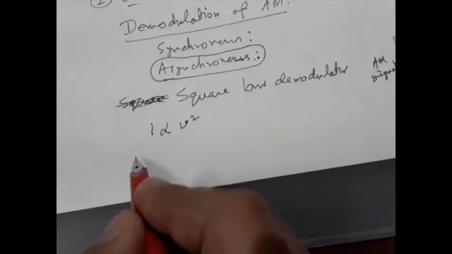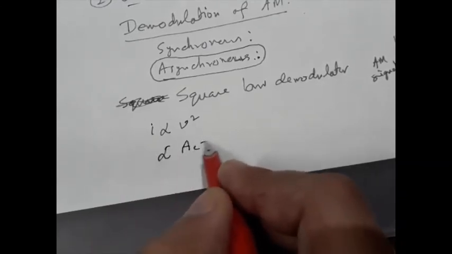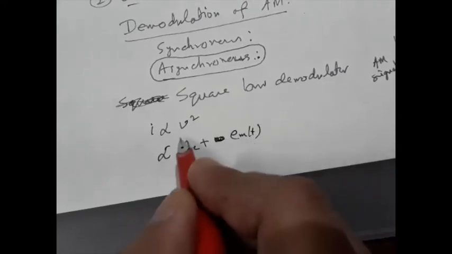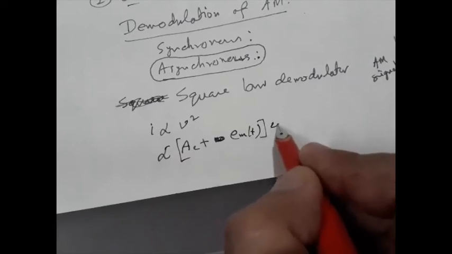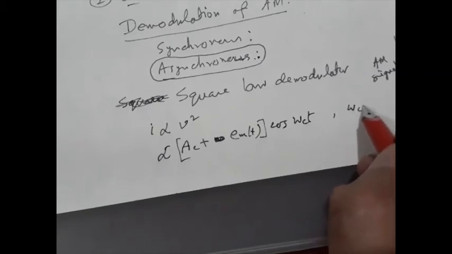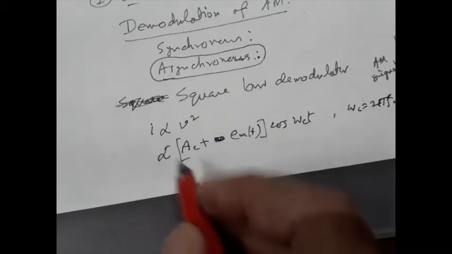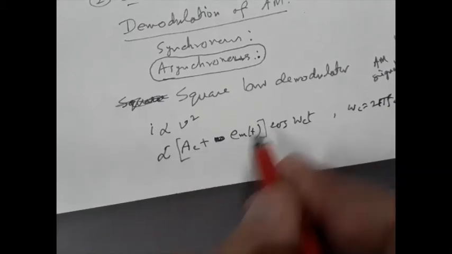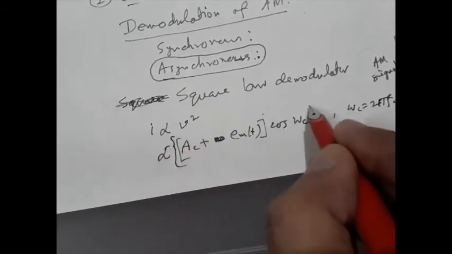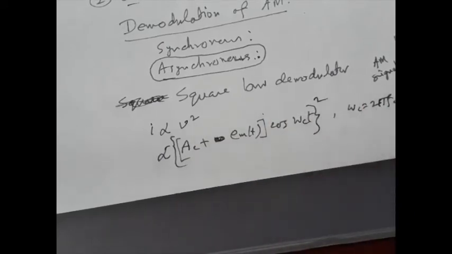So current is proportional to (Ac + Em(t)) cos omega c t, where omega c is 2 pi fc, all squared.